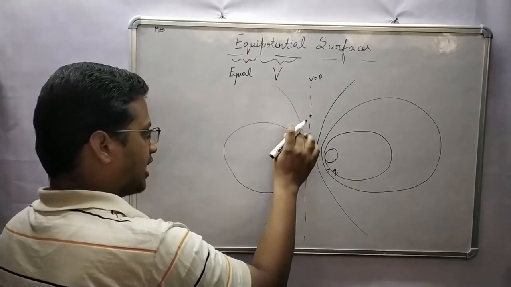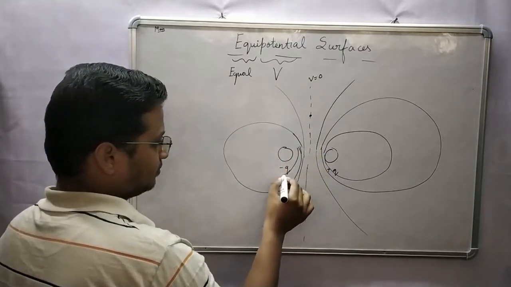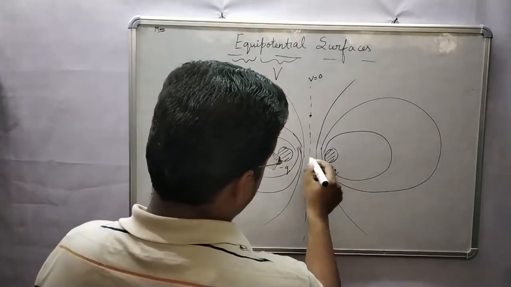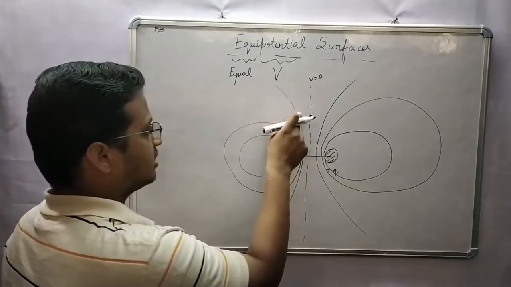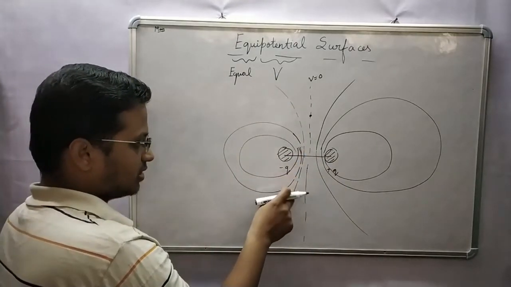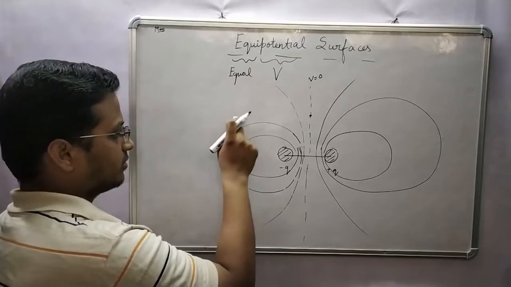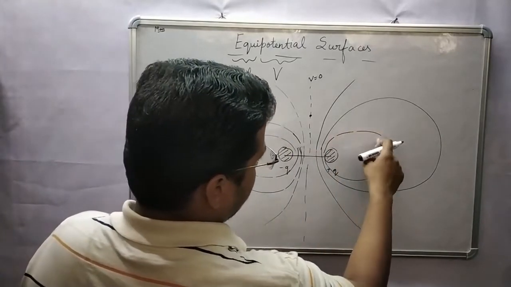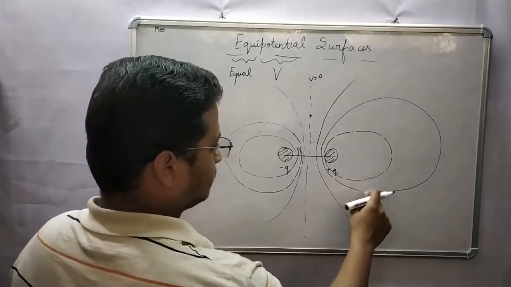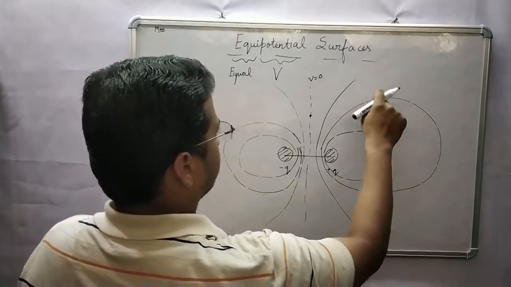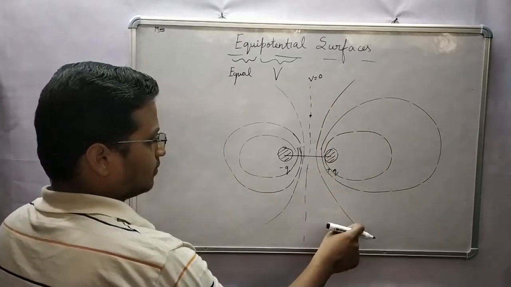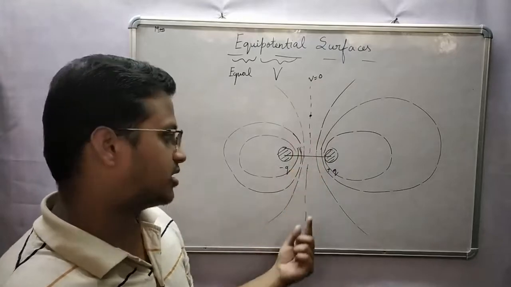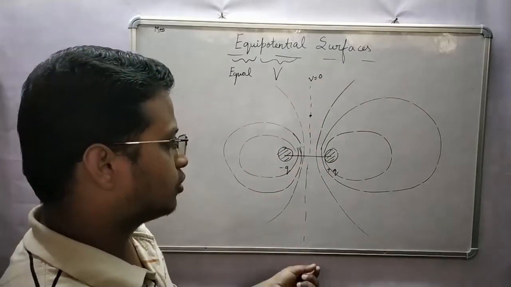They depend on the type of charge distribution. This is our negative charge, positive charge, separated by some distance, and these are all equipotential surfaces. These diagrams you can find in a better way in your books. This is a main equipotential surface at which potential is 0.